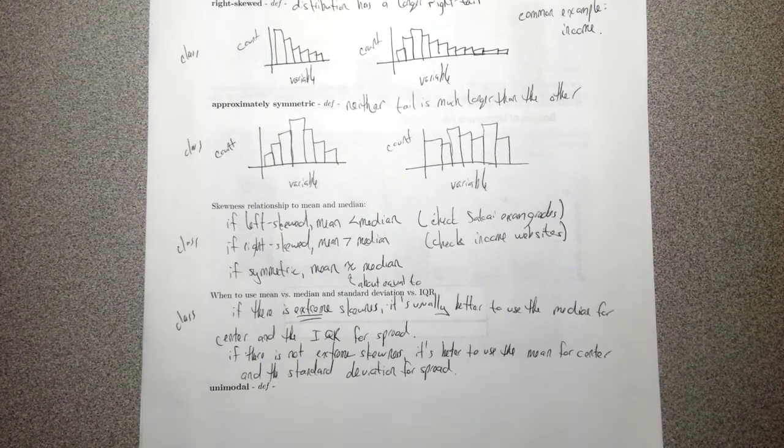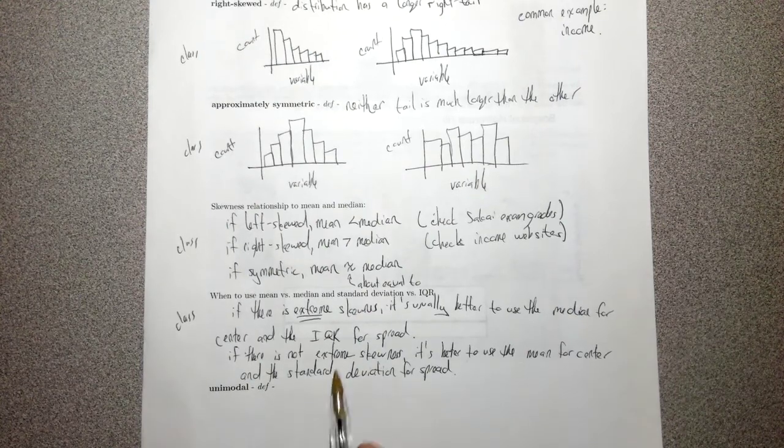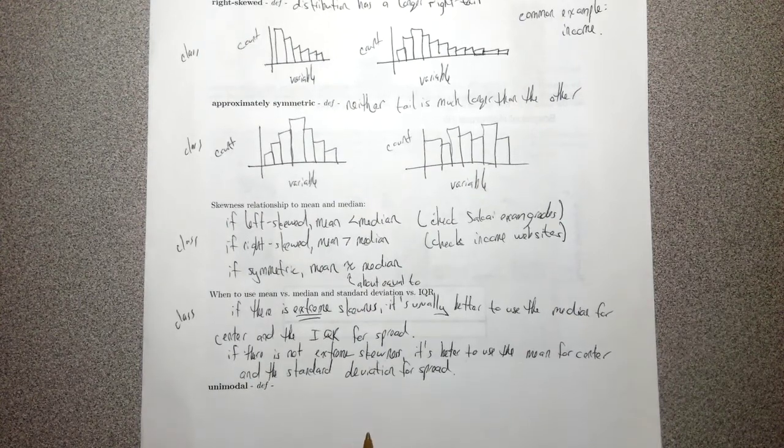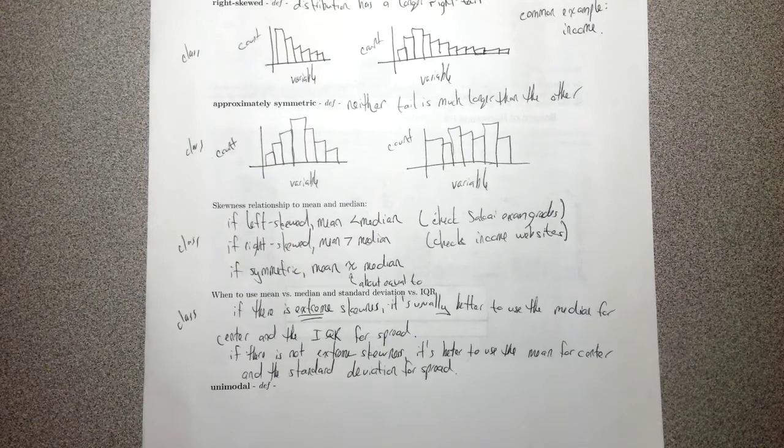Hey Stat113 people, so the purpose of this video is just going to be to finish up talking about distribution shape. We just have two little minor things to talk about there, but the bulk of the video will be introducing boxplots, which is another really common way to look at the distribution of a single numeric variable.